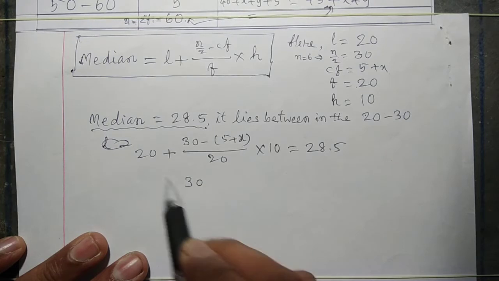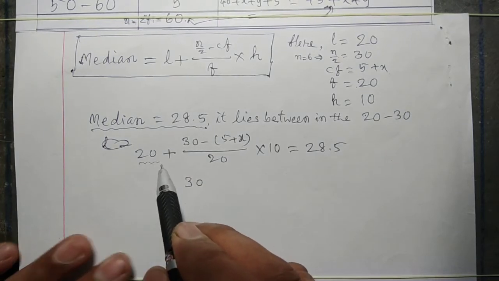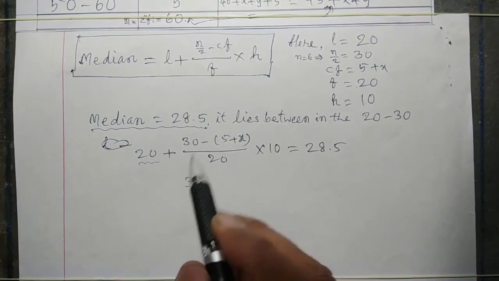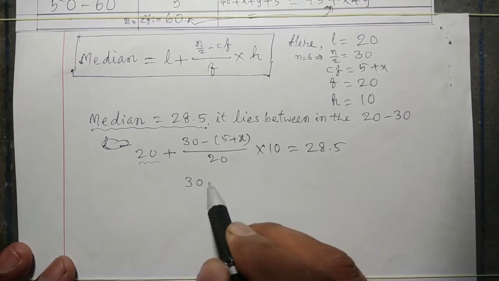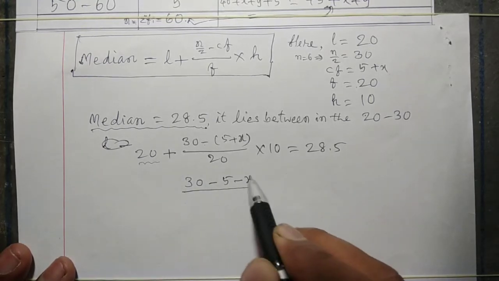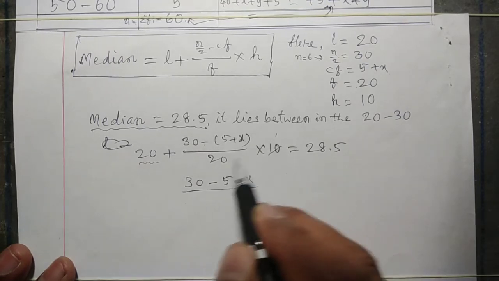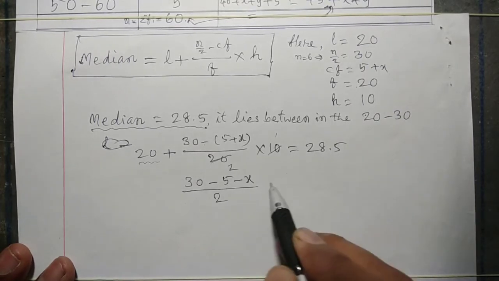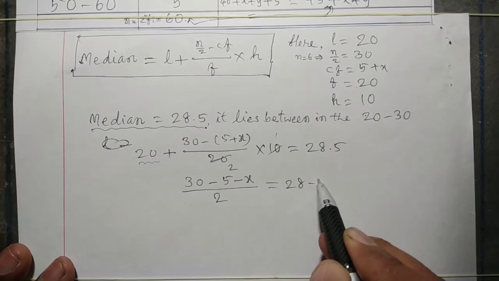We have to transpose this 20 from left to right. 30 minus 5 minus x by 10 ones are 10, twos are 2, is equal to 28.5.